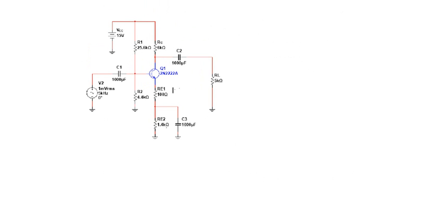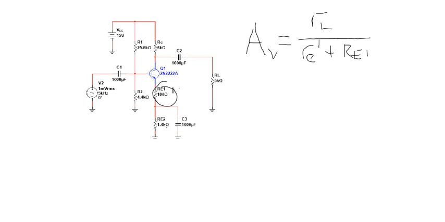And the gain for this one, everything else being the same, is going to be that little RL over little RE prime plus this extra bit of resistor we have there. So in this case, instead of 109, we probably picked too big a one for that.